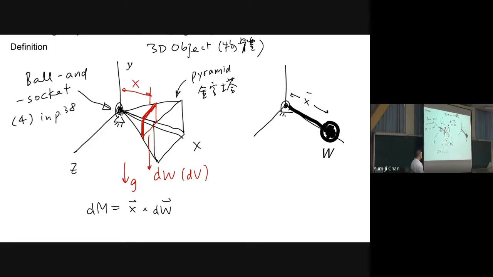So, by the idea of center of gravity, we assume the total weight of this is equal to W. Then we have the centroid here, x bar, and then we have weight W here, right?